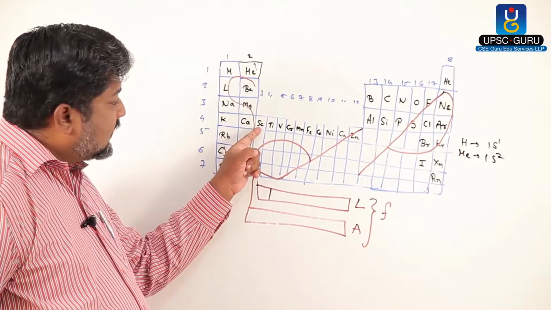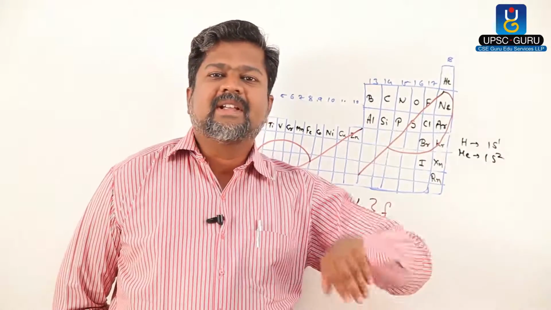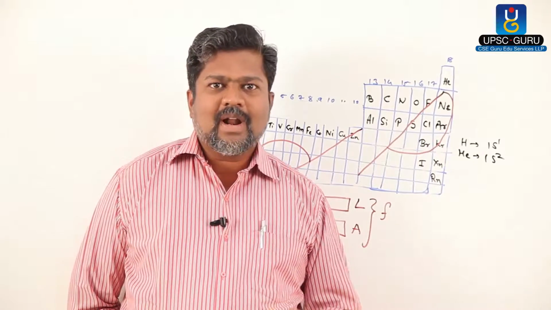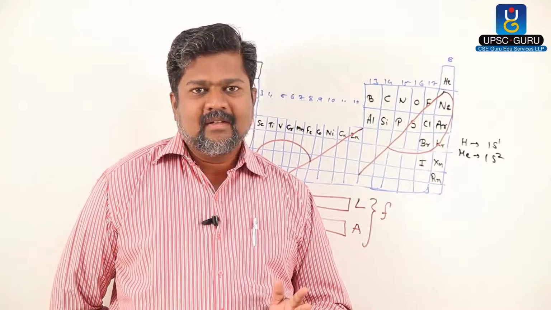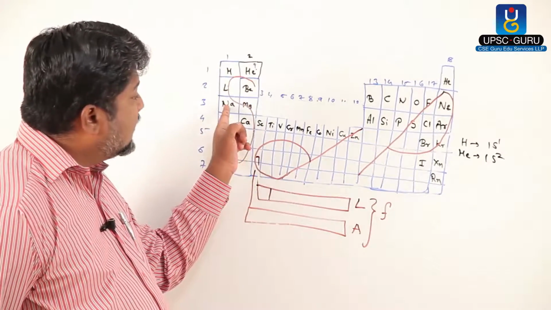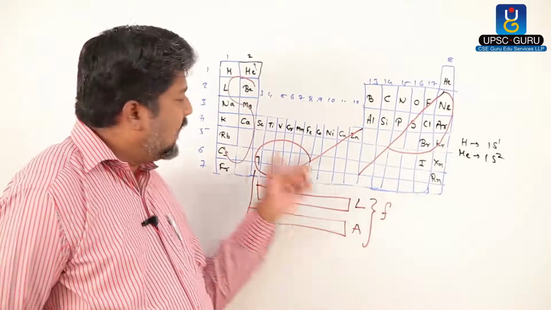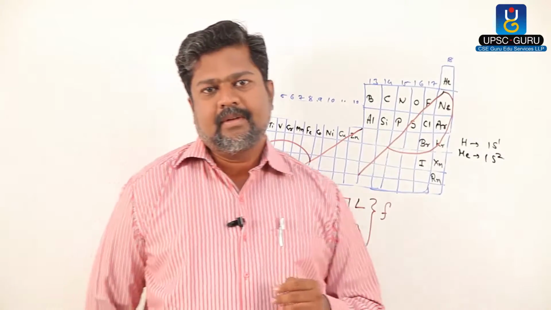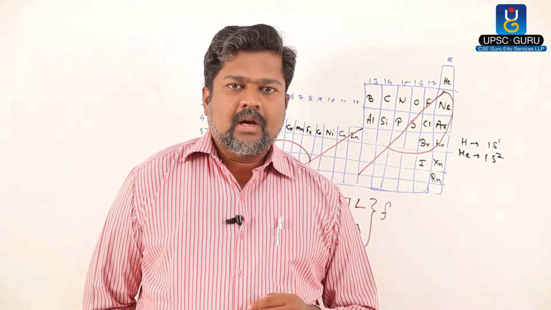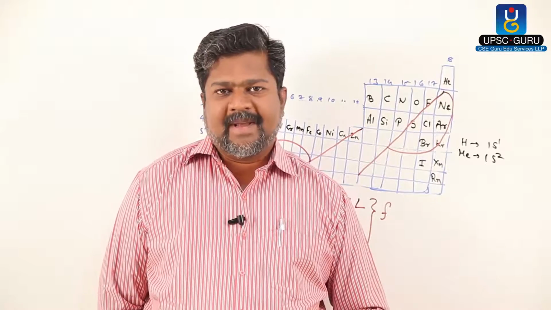But scandium onwards, the decrease in atomic size decreases. What word I am using? Decrease in atomic size decreases. That means for these 8 elements, we are getting considerable decrease. But for this 10 element, decrease is not that.